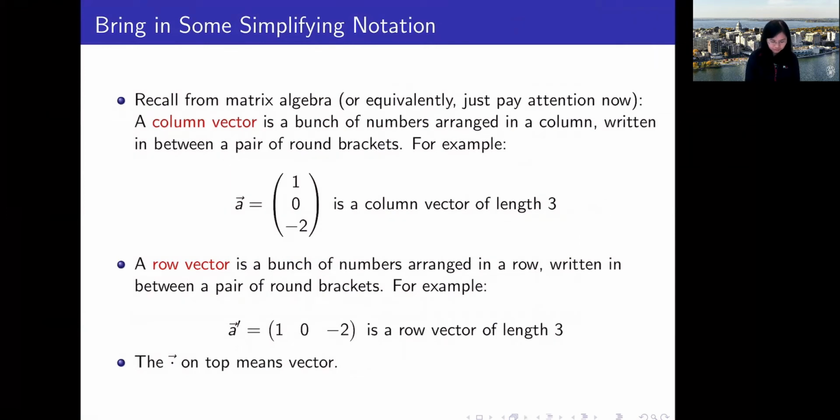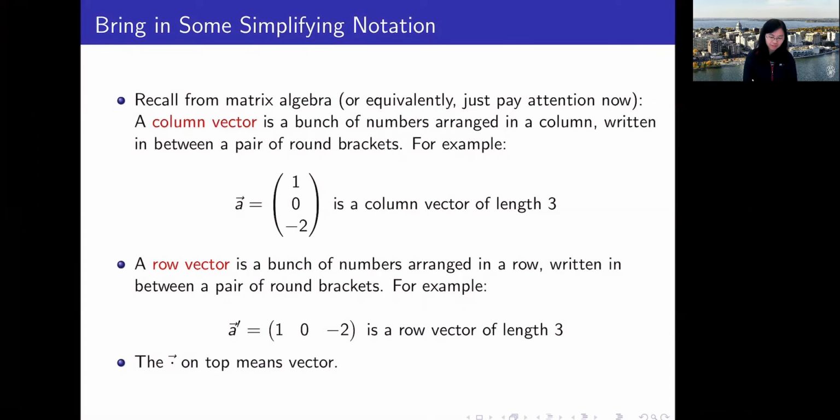So we're going to define a column vector. A column vector is a bunch of numbers arranged in a column and written in between a pair of round brackets, like this one: 1, 0, minus 2. These three numbers arranged in a column, written in a pair of round brackets, is a column vector.